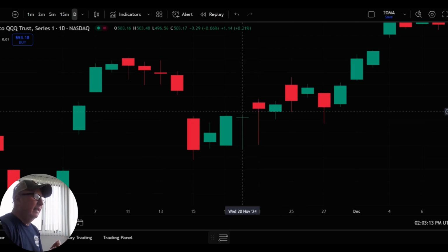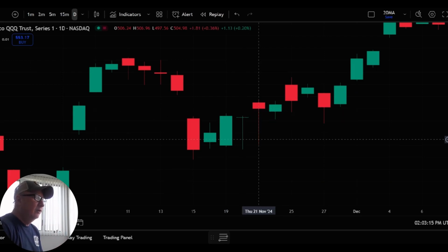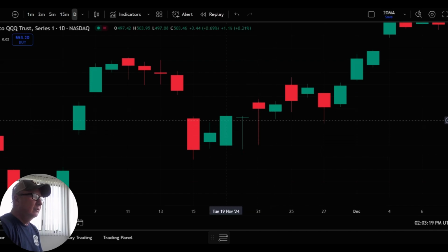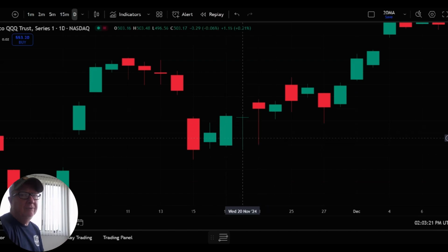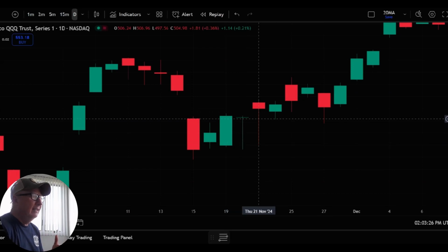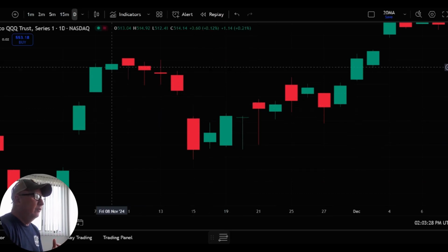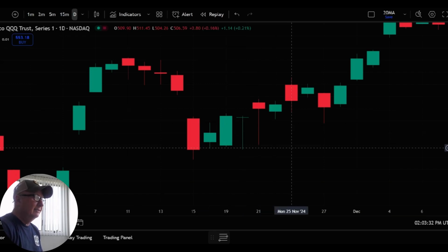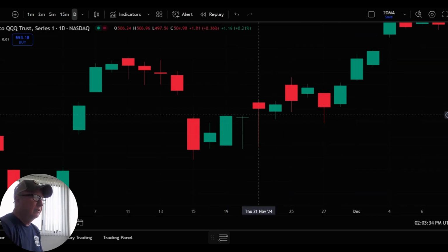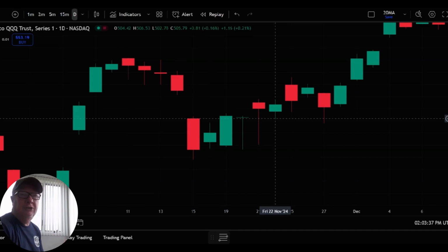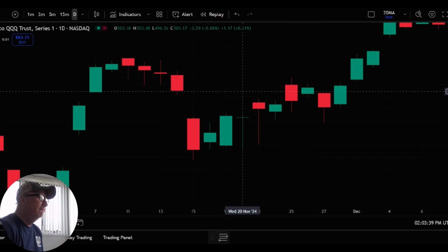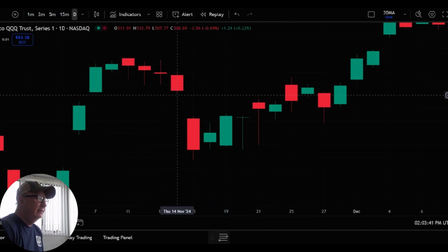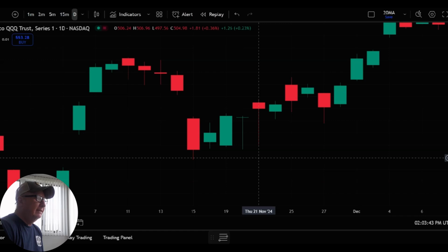When you have a large wick like this, these are called bottoming tails or bottoming wicks. Another name for a wick is a tail, right? So a bottoming tail indicates there's a very high likelihood your stock or ETF is going to move higher, you need a downtrend, bottoming tails.